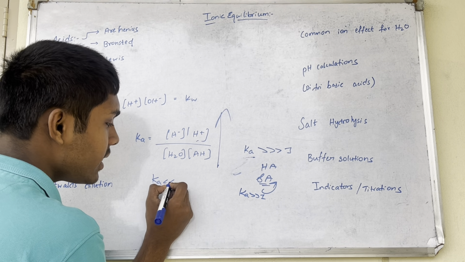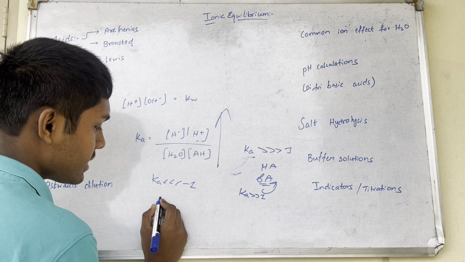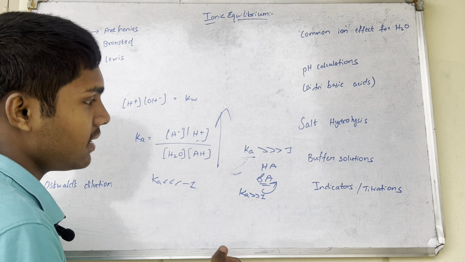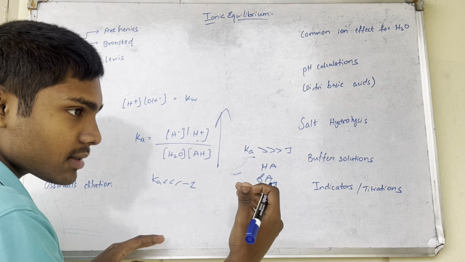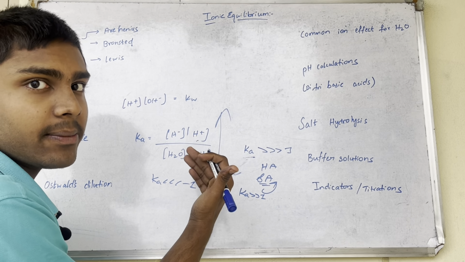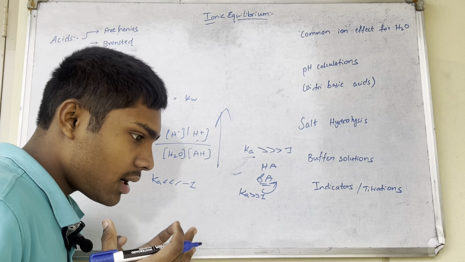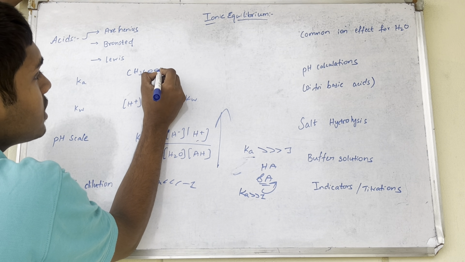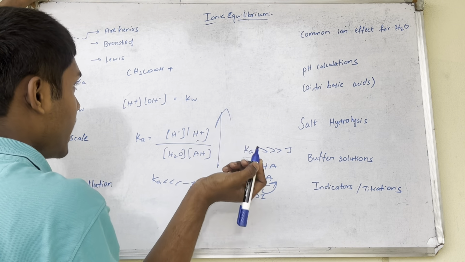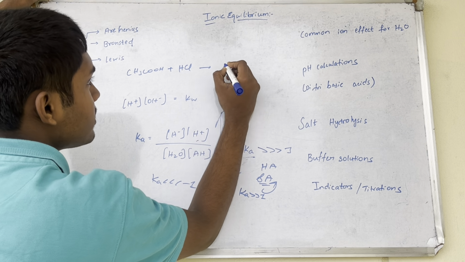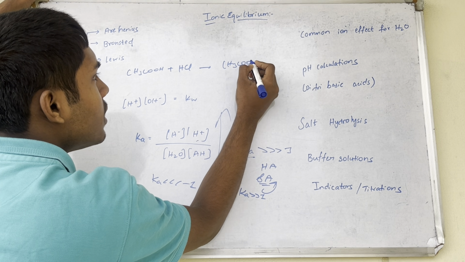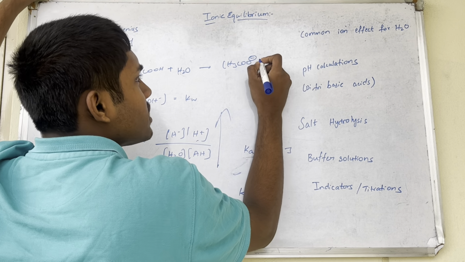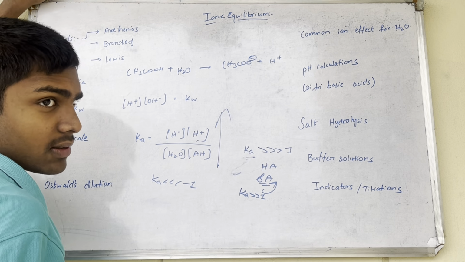So if K is greater, then it is a strong acid, and if K is very small, then it is a weak acid, right? Because it always tries to go in the backward reaction. Understand like this: you have CH3COOH plus H2O, which changes to CH3COO minus plus H3O plus ion, right?